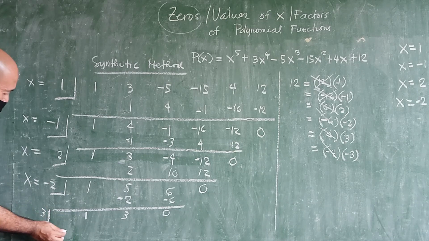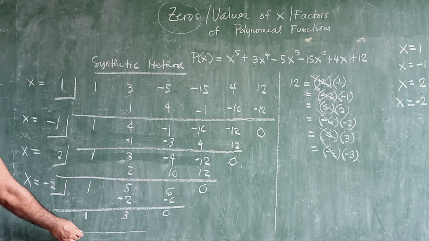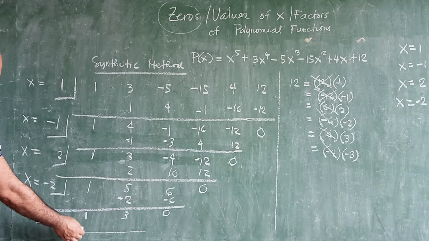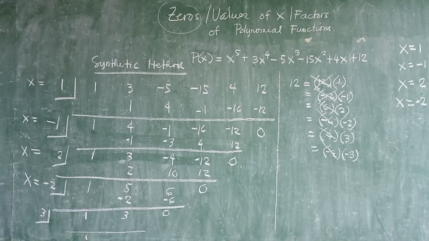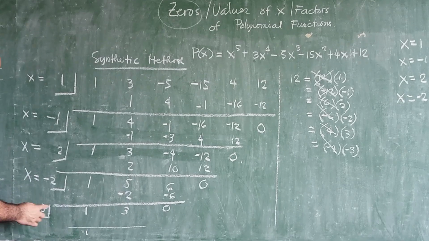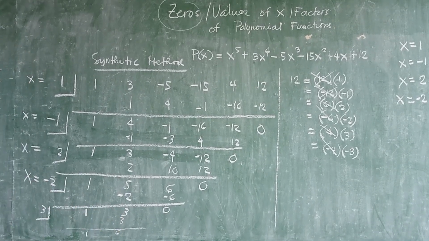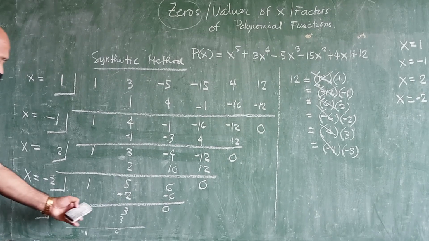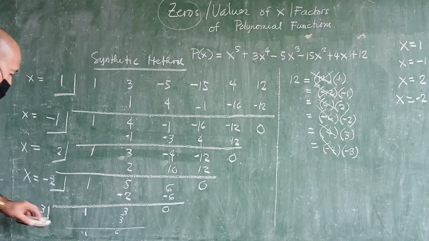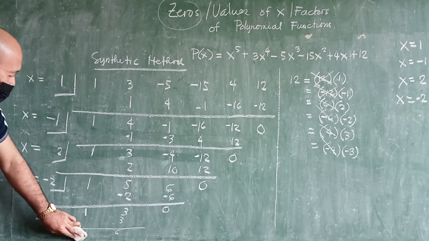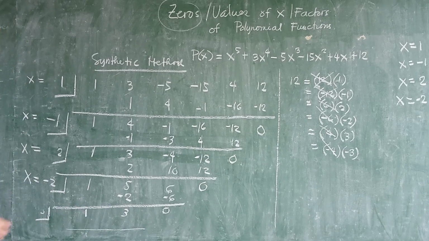Let's try positive 3. You have here, bring down positive 1, and then 1 times 3, this is 3. When you add, that is 6. So that means, since the last digit is not equal to 0 here, positive 3 is not the last value that we need to consider.